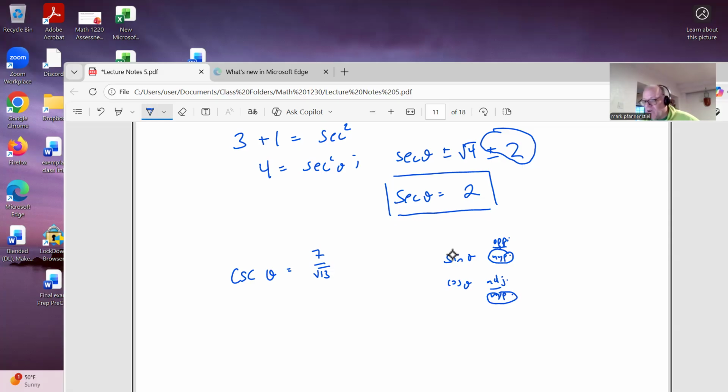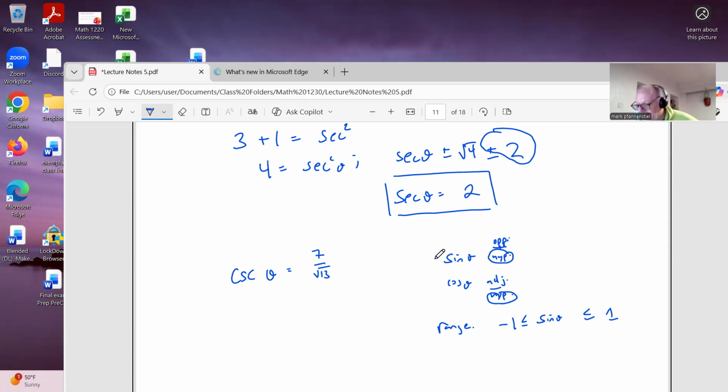The range of sine and cosine has to be between -1 and +1. So 1 over that, secant and cosecant, they have to be either bigger than 1 or smaller than -1. That's a thing that you want to check just to double check it.